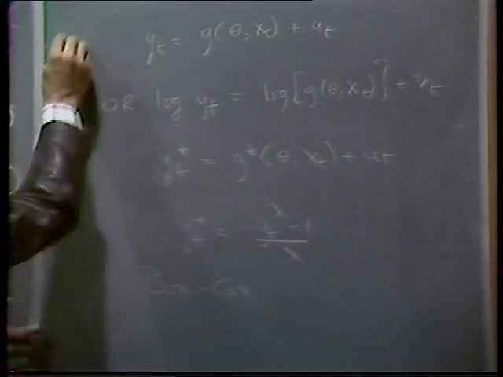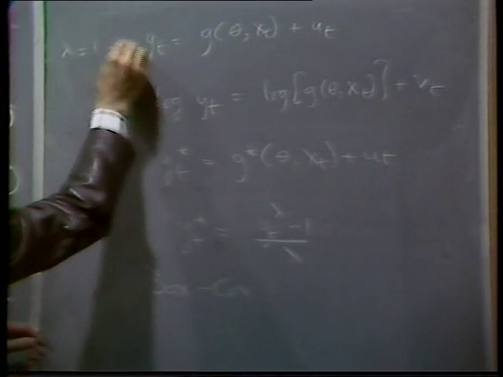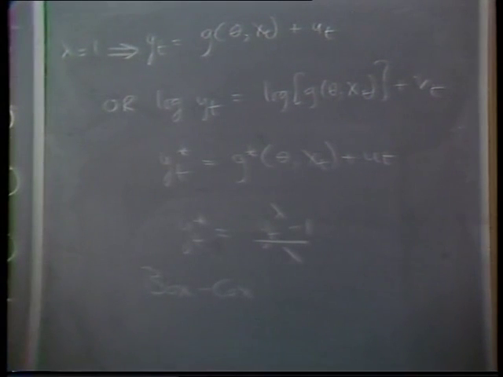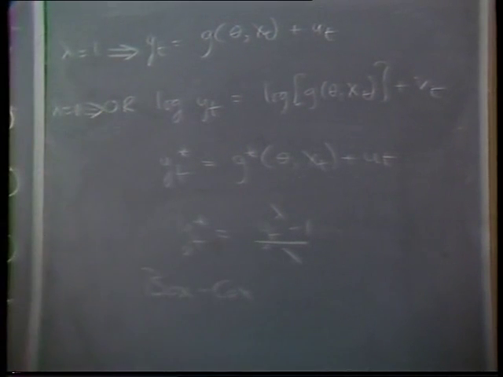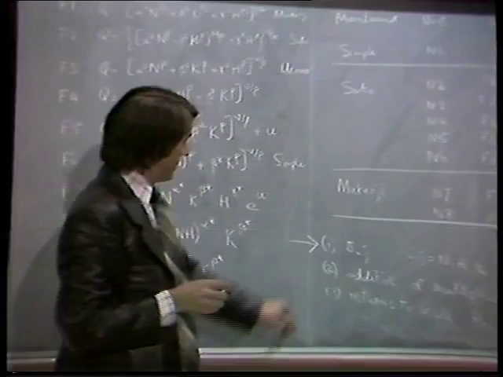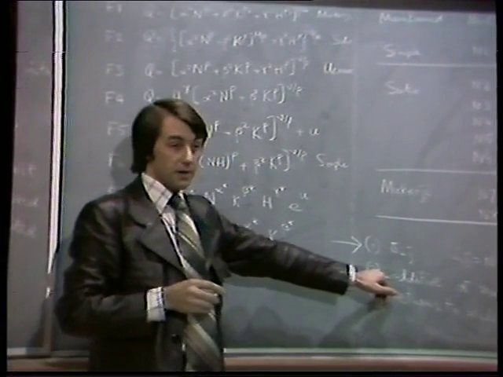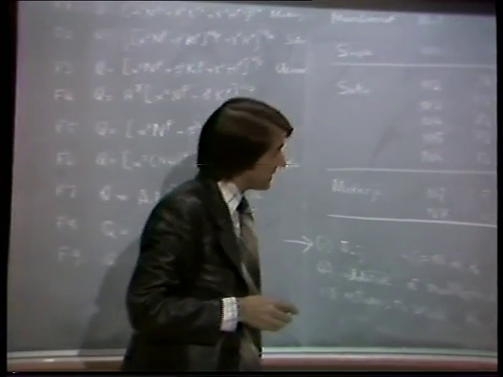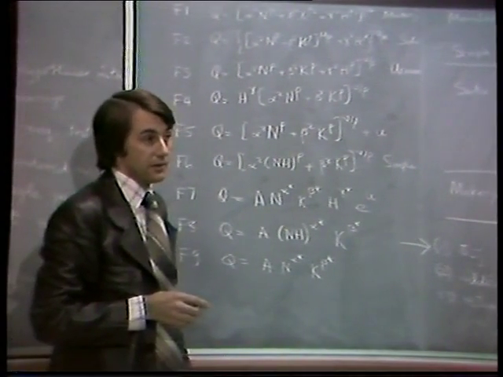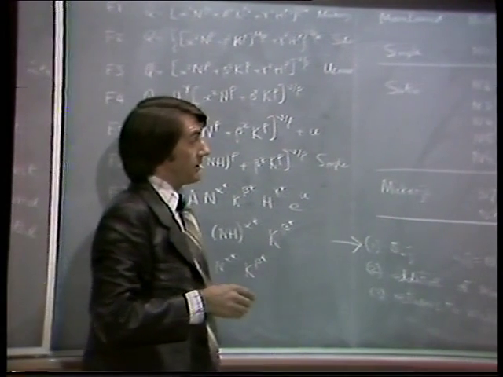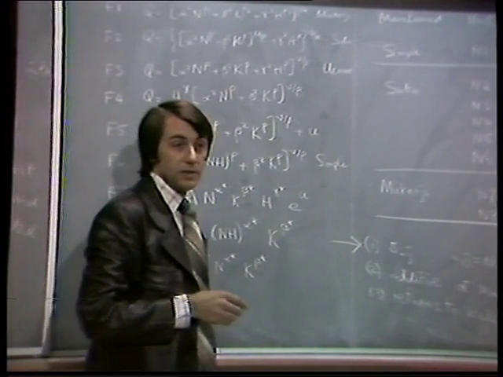When lambda equals 1, you get the additive error specification. When lambda equals 0, we get the multiplicative error specification. So these two hypotheses are nested, and the testing was done using the likelihood ratio criterion. In other words, just comparing the values of the maximized likelihood functions.